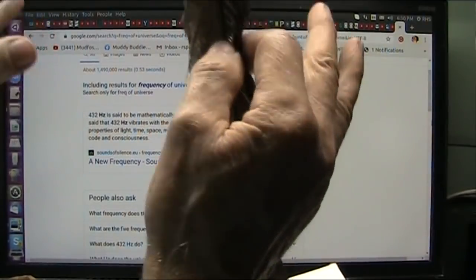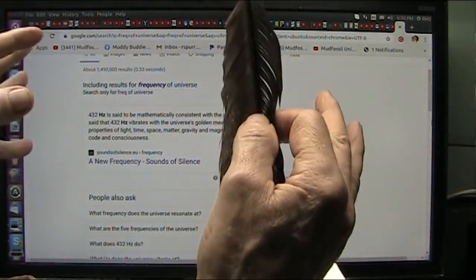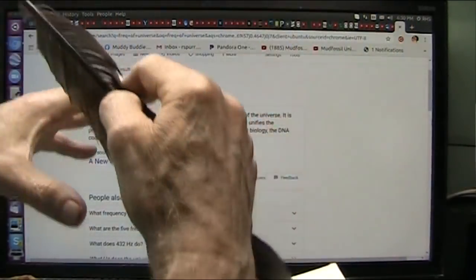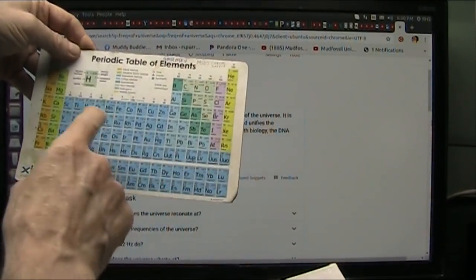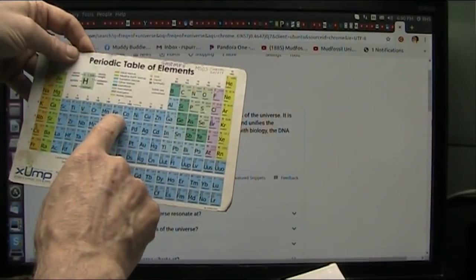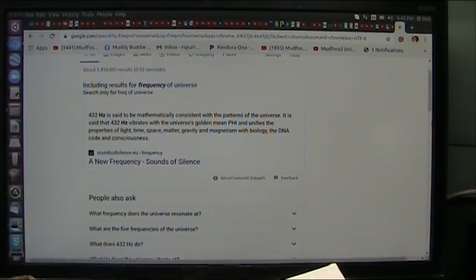And when they shake at that 432, it gives the pieces the way to unify into atoms, and then they go from atoms into molecules. But in every one of these, there's thousands and thousands of actual particles.